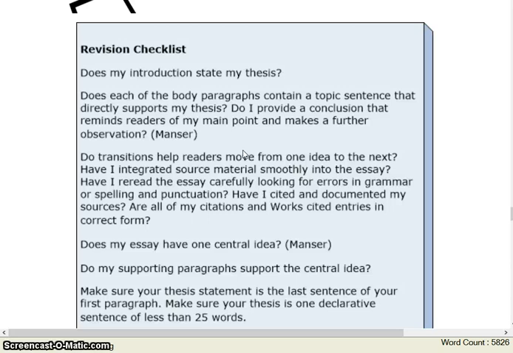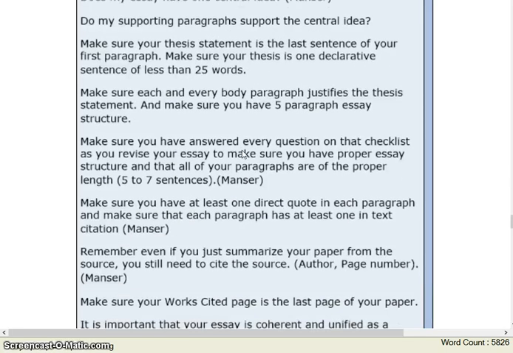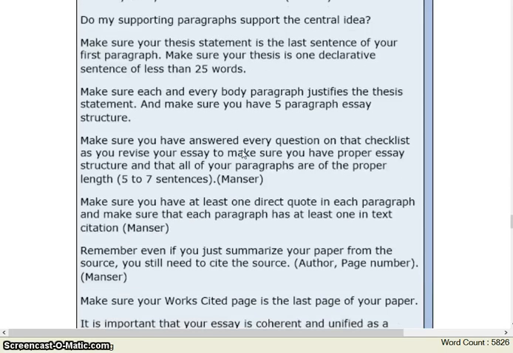Have I integrated source material smoothly into the essay? Have I reread the essay carefully, looking for errors? Have I cited and documented my sources? Does my essay have one central idea? Do my supporting paragraphs support the central idea? Do my body paragraphs justify the thesis statement?